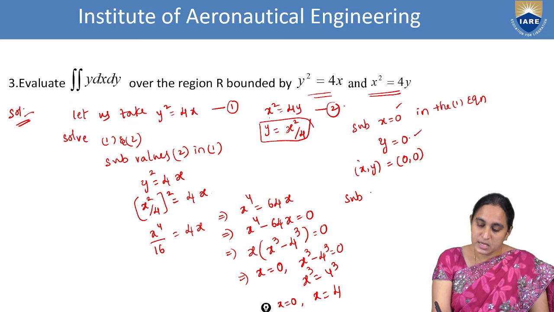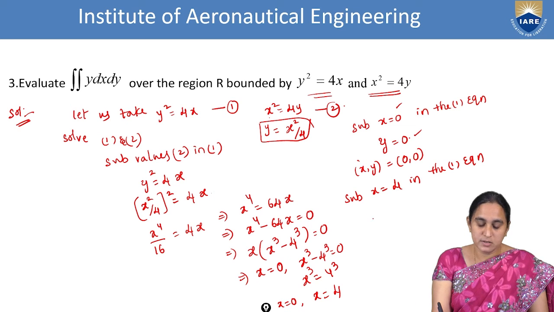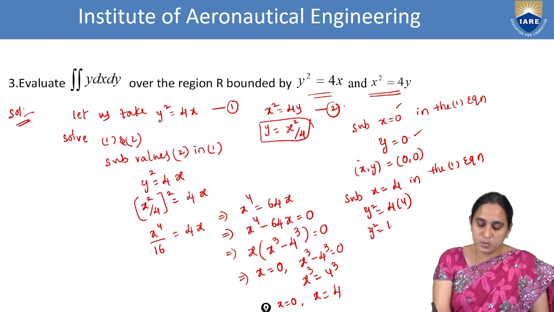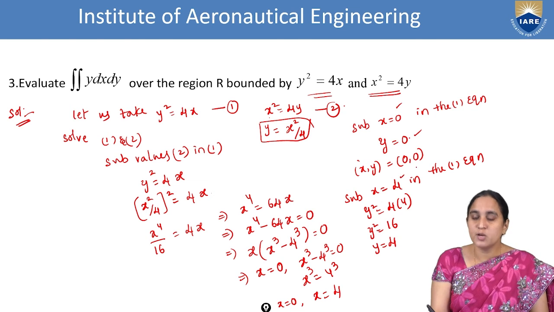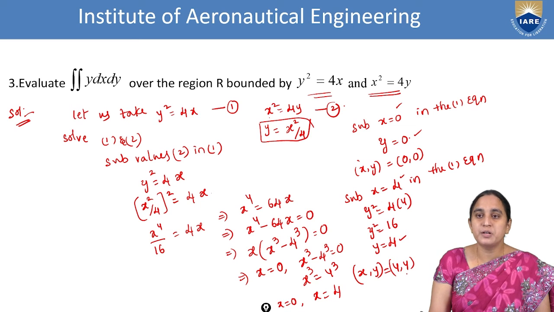Next, substitute x = 4 in the first equation, y² = 4x, that is y² = 4 into 4, y² = 16, therefore y = 4. So the point is (4, 4). Therefore, the intersecting points are (0, 0) and (4, 4).